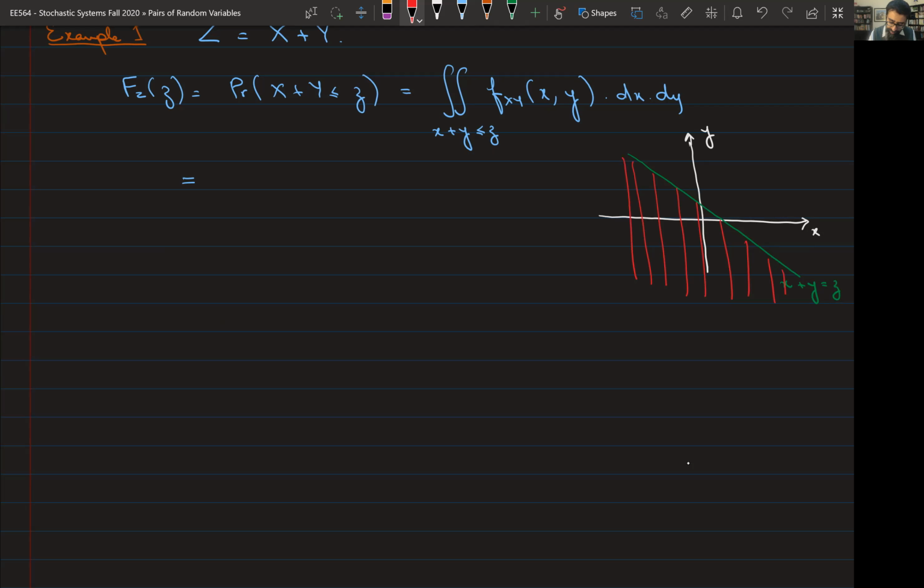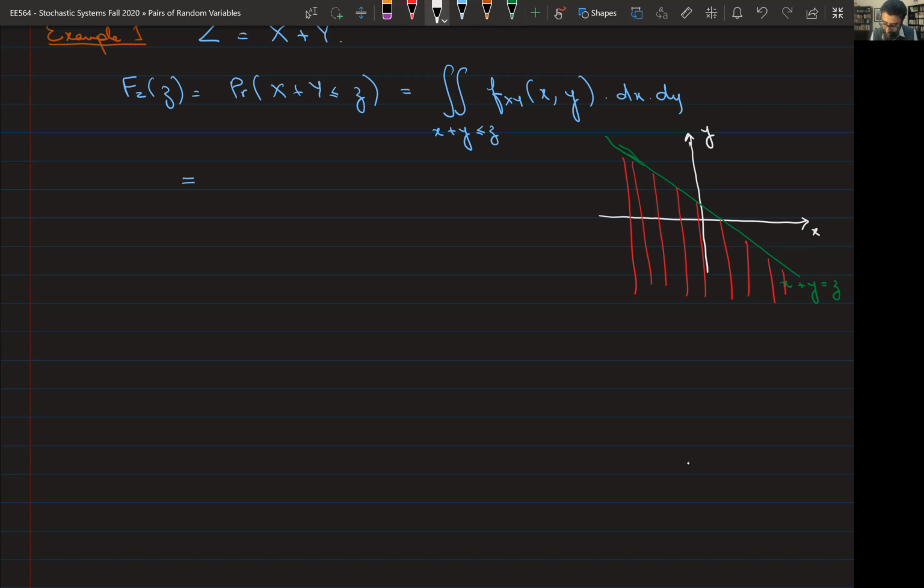Right? And now there are two ways you can do it. There are two ways you could integrate it. You could either do it by varying y from minus infinity to plus infinity. So let me write this here.